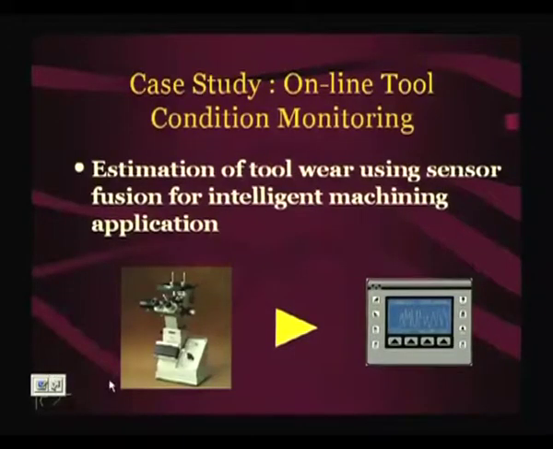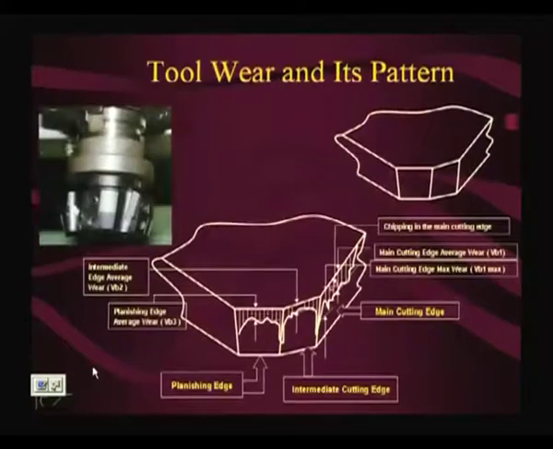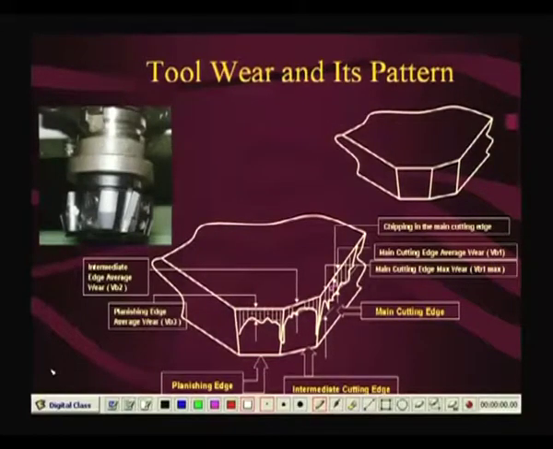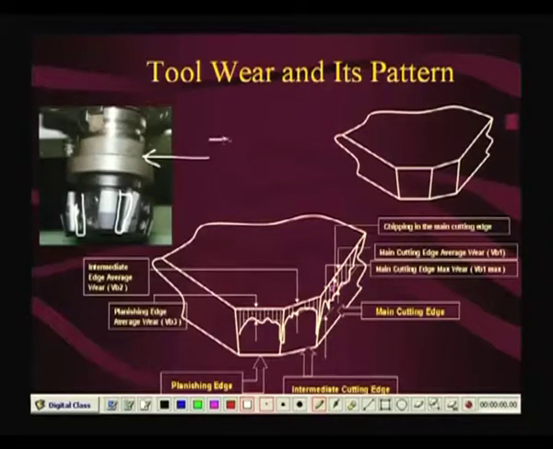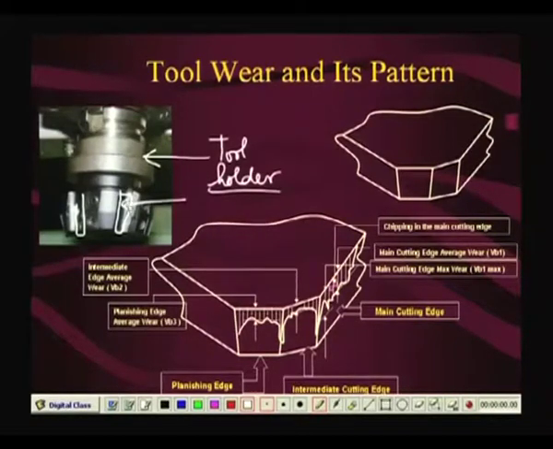So, for doing that, this is a picture of a face milling machine. You actually put tools here, here you can put a tool, here you can put a tool. This is called the tool holder, and these are the tool bits, and the cutting edge looks somewhat like this.